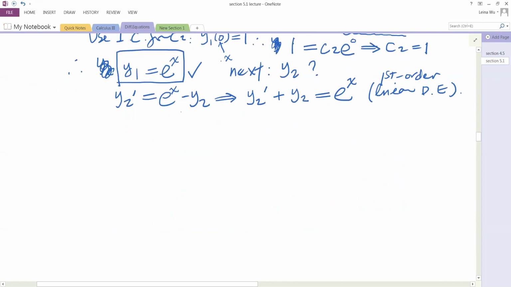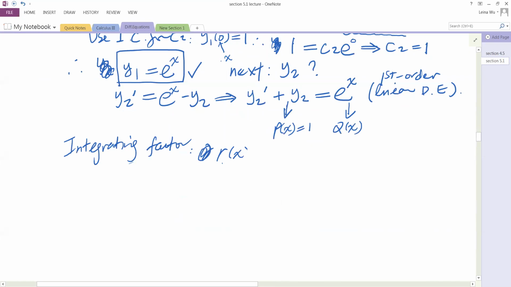You guys remember the integrating factor? So this is P. This is Q. Recall that? Yes. So the integrating factor will just be R of x equals e raised to the integral of P of x dx, which is e raised to the integral of 1 dx, which is e to the x, right?